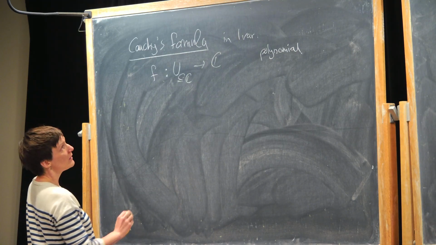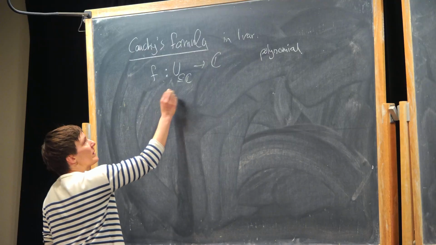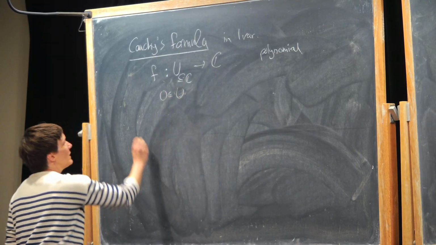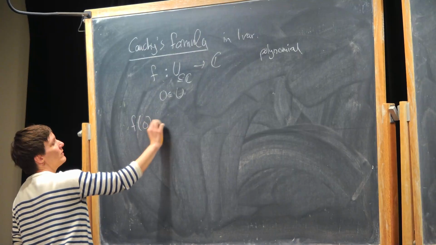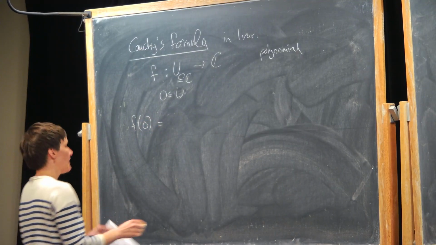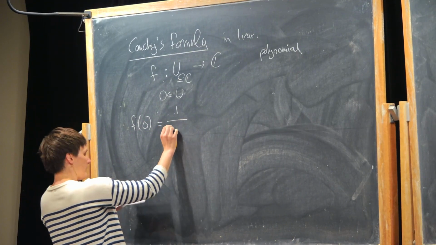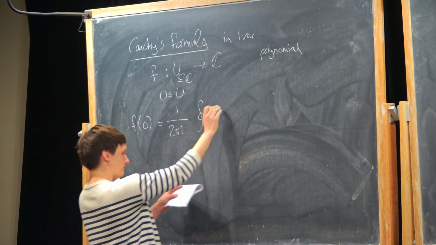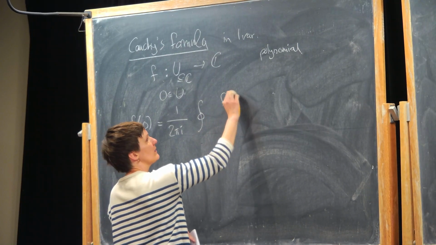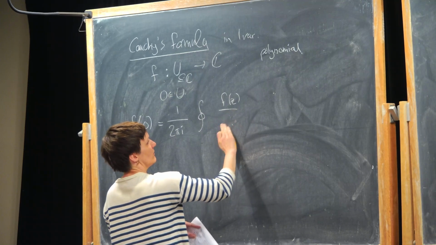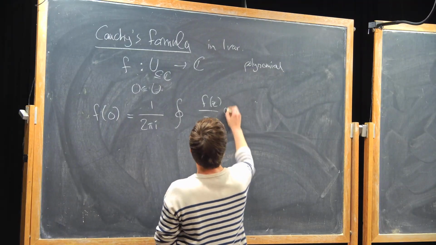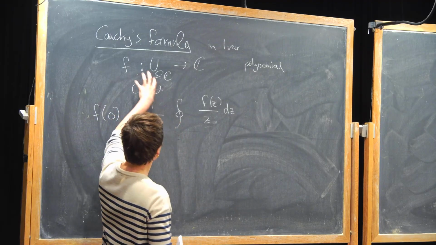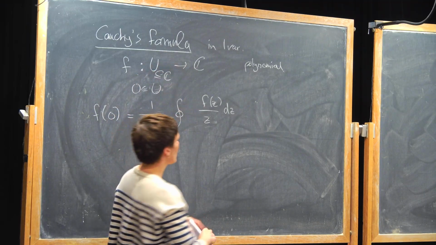Then U is an open neighborhood and 0 is contained in U for that. So then f of 0, you can write this as an integral in the complex numbers of f of z over z dz, where this is a closed curve around the origin living completely in U. Okay?